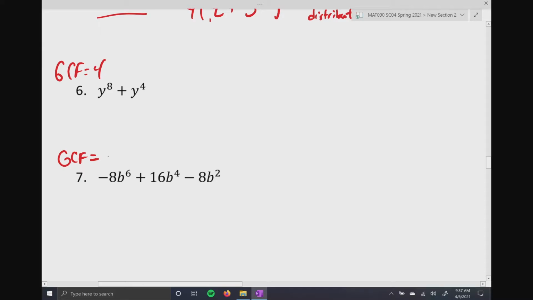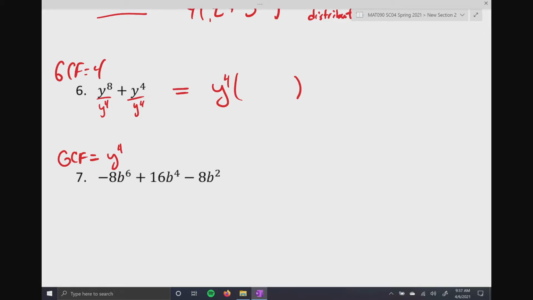My GCF, hopefully, everyone knows is y to the fourth because it's a smaller exponent. Now that I know what my GCF is, I'm going to write it out front with parentheses. I'm going to divide all my terms by y to the fourth.